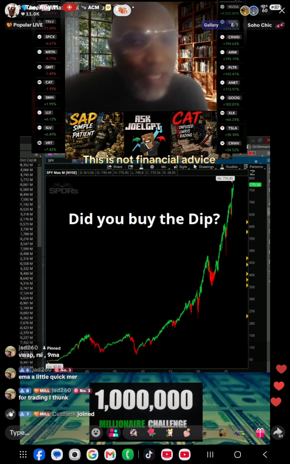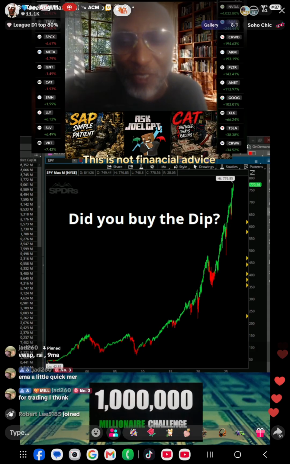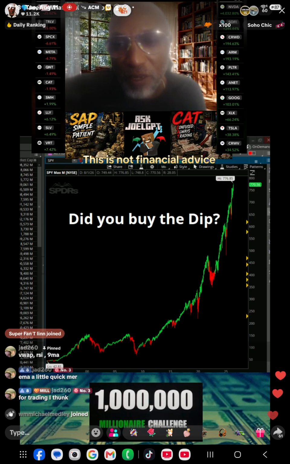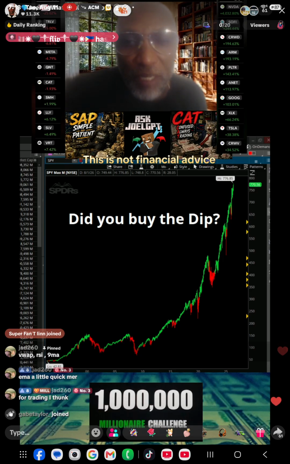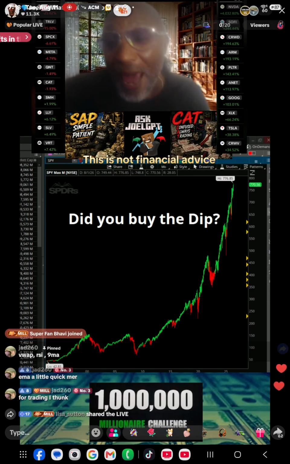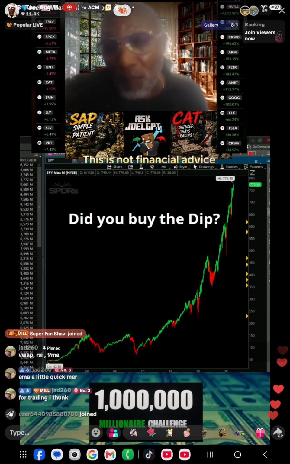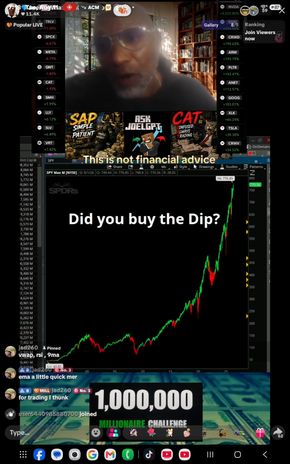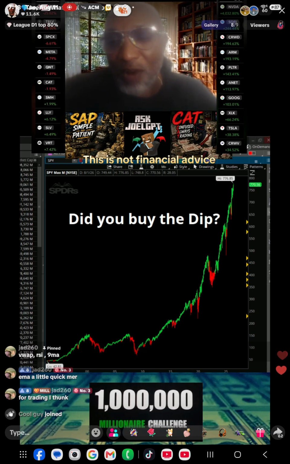You have no idea what the bias is of that stock or asset for the time frame that you're looking at. So everybody needs to add that VWAP. I don't care if you got a million indicators on your charts when you're intraday trading, you need to add the VWAP, because the VWAP is going to give you a higher percentage trade in the direction that you are moving in. All right.